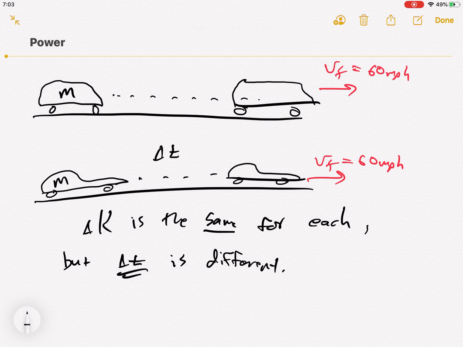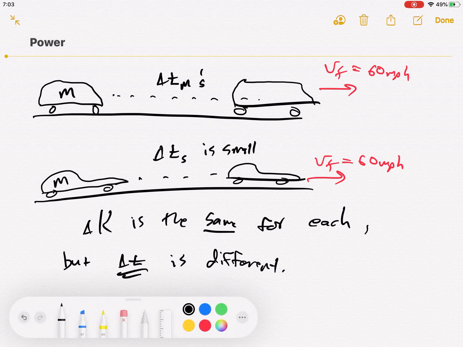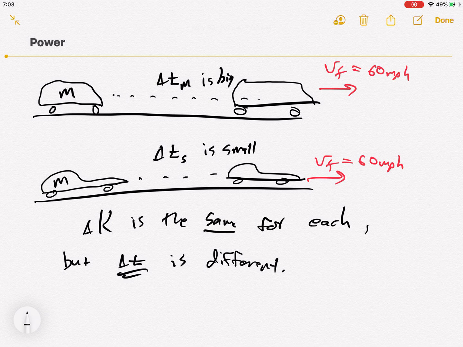So delta T, we'll say for the sports car is small, and delta T for the minivan is big. Okay, so how do we quantify the difference in these motions?